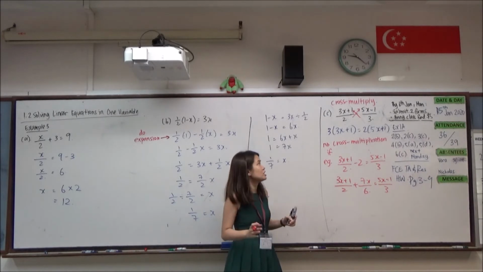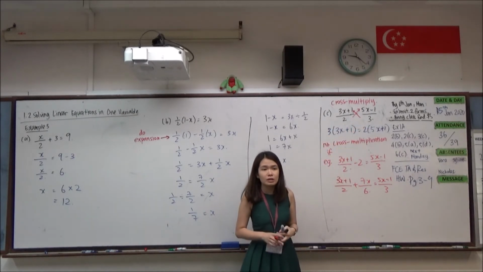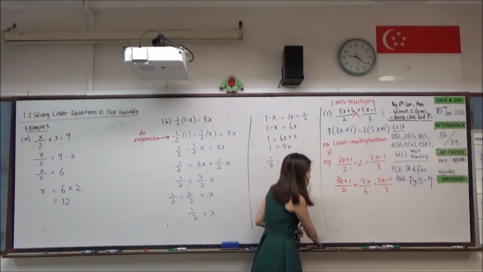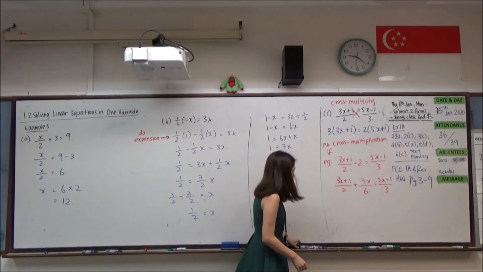So cross multiplication only when one fraction equals one fraction. Clear? Although definitely there are ways to get around it, we're not going to look at it now.